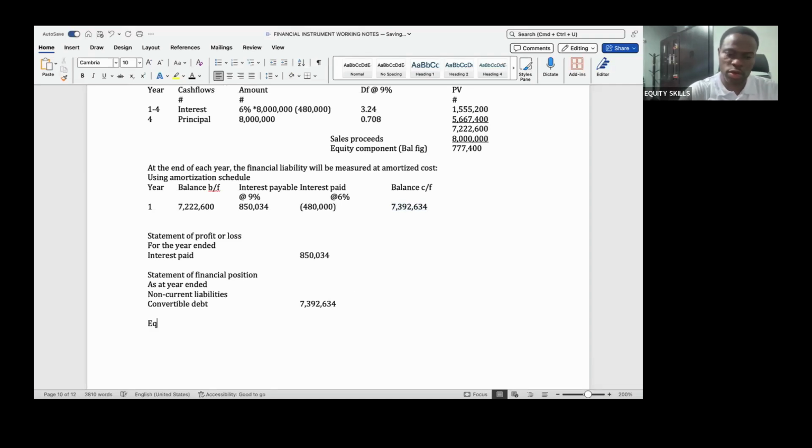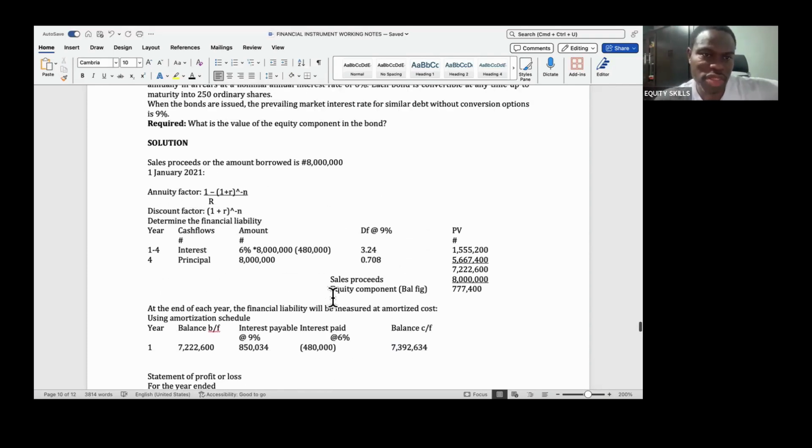And under your equity, you have your equity component of the amount as 777,400. And that's all. That's the beginning to the end.